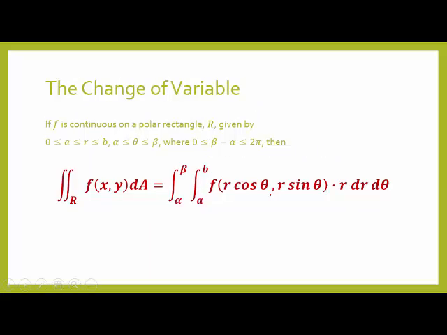So this is the formal theorem from your textbook. You're going from f of xy with a dA. That's going to change into, instead of x, you have r cosine theta. Instead of y, you have r sine theta. And then the dA becomes r dr d theta.